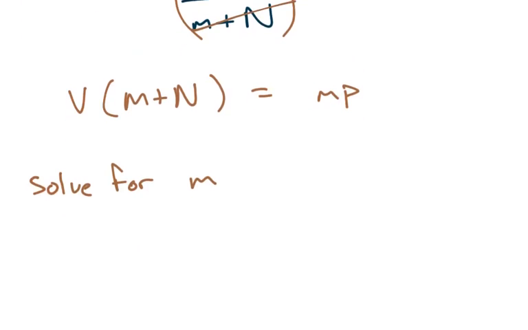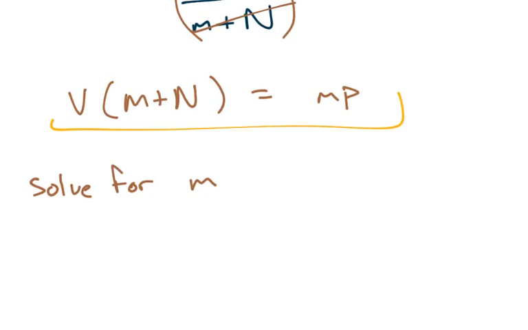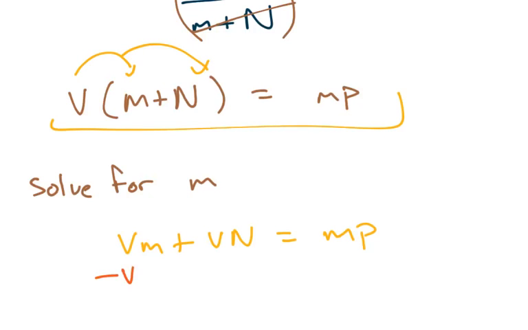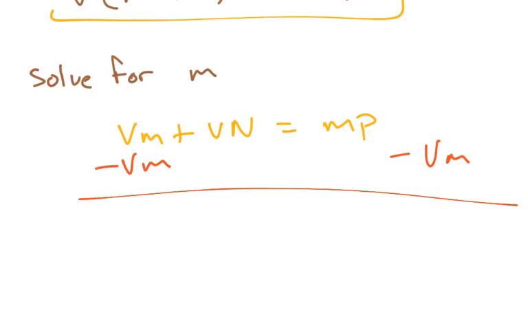So from here, we're going to take this, and I'm going to distribute. We'll get Vm plus Vn equals MP. Then I'm going to subtract Vm from both sides. So Vn equals MP minus MV.